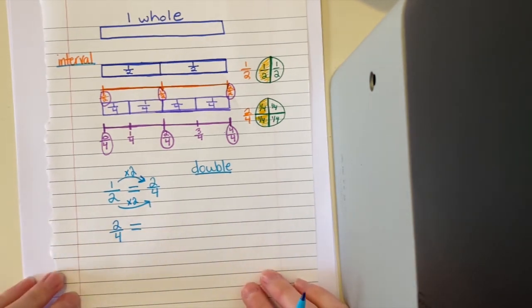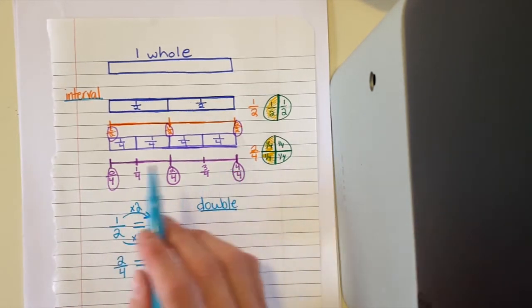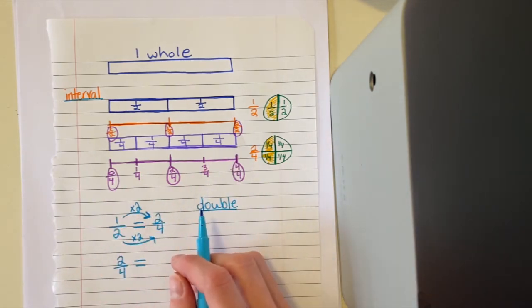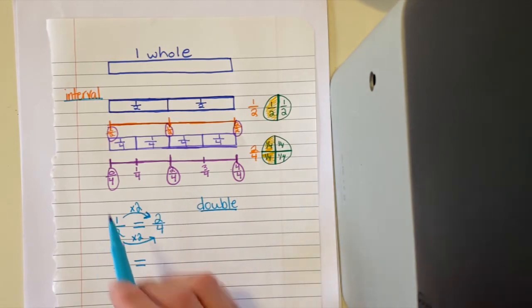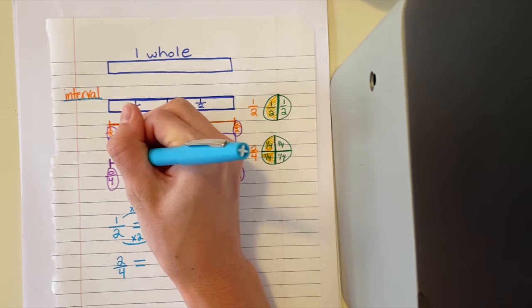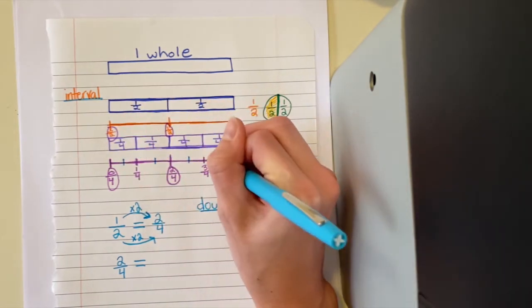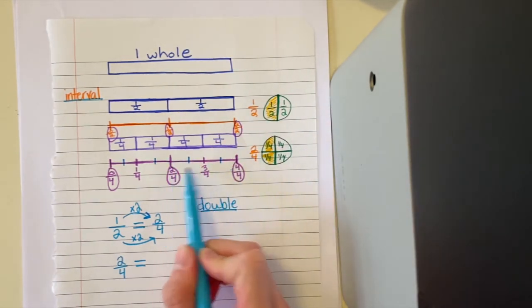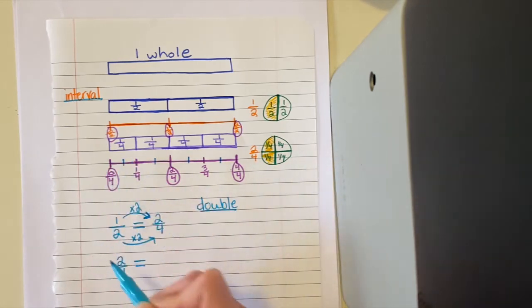Let's maybe go back up to our fourths number line. What could we do to our number line if we doubled our fourths? Remember, we doubled our halves to make fourths. So if we're doubling our fourths, we're just putting each part into 2 parts. I put this fourth into 2 parts, this fourth into 2 parts, this fourth into 2 parts, and this fourth into 2 parts.